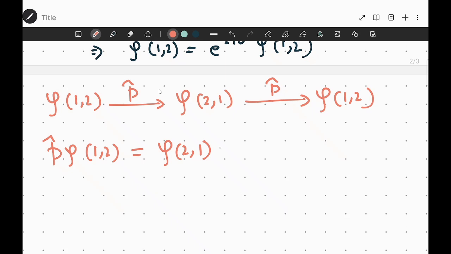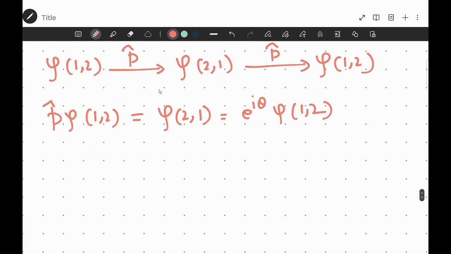But we know that you can write it as e to the power i theta psi 1, 2 after just one rotation. Again you are applying permutation, here two times this permutation. The second permutation you are applying, so it will be again e to the power i theta psi 1, 2. This is constant, right? You are applying permutation on this psi 1, 2, so it will be psi 2, 1.